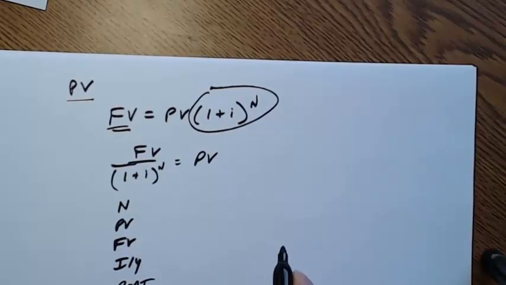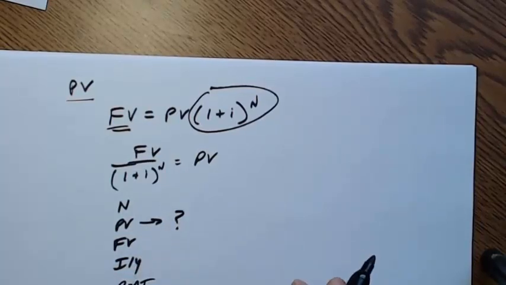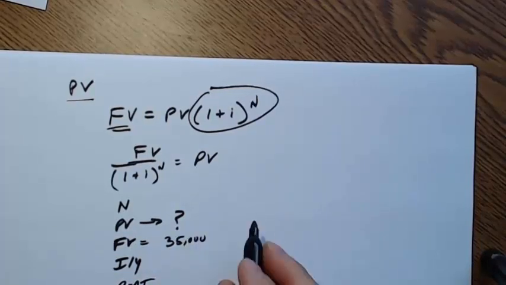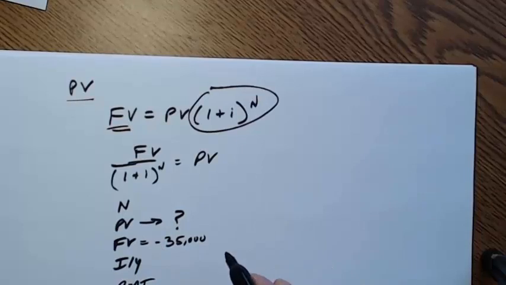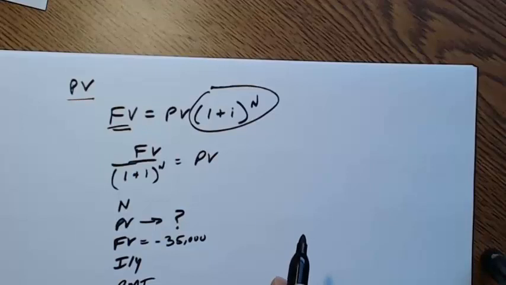So it's asking you, how much do you need to put in the account today? What is the present value? Because you know what the future value is. In 4 years, you need $35,000. You can put it in as negative, and putting it as negative just means you're going to withdraw $35,000.